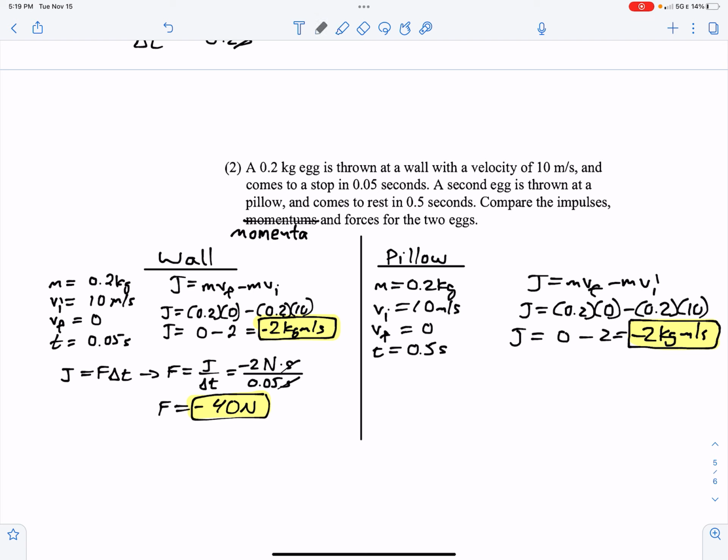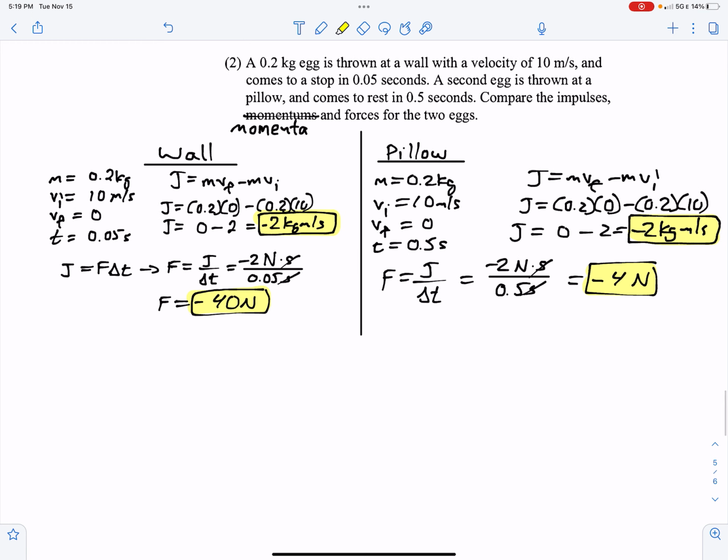But because the time is much greater here, force equals impulse divided by delta T when you solve it. This time it's negative 2 Newton seconds over a half a second, in which case we get negative 4 newtons. So there's 10 times less the force when an egg hits a pillow than when an egg hits a wall. Therefore, what happens?